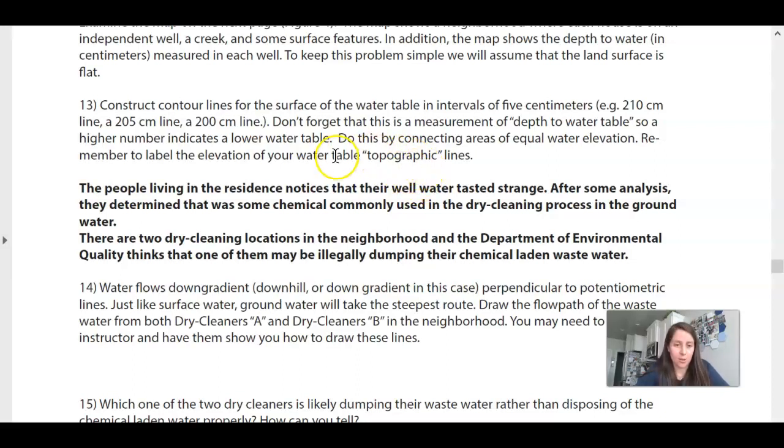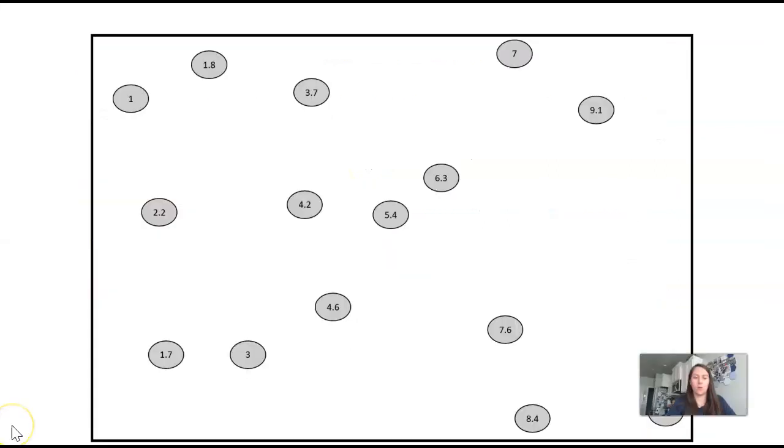So these lines of equal elevation of the groundwater are called potentiometric lines, and he refers to them in that way later on in the lab. So I'm going to teach you how to do that. All right, so this is an example. This is a hypothetical map that has a flat surface.